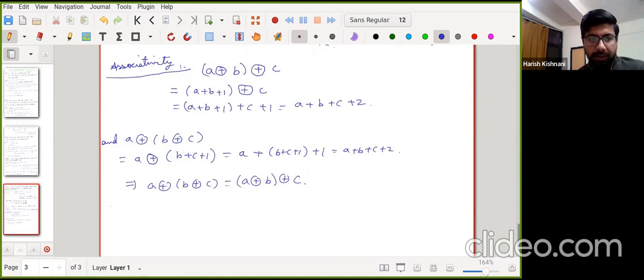Here something interesting is going to happen. What is the additive identity? Any idea? Any guess? Minus 1.